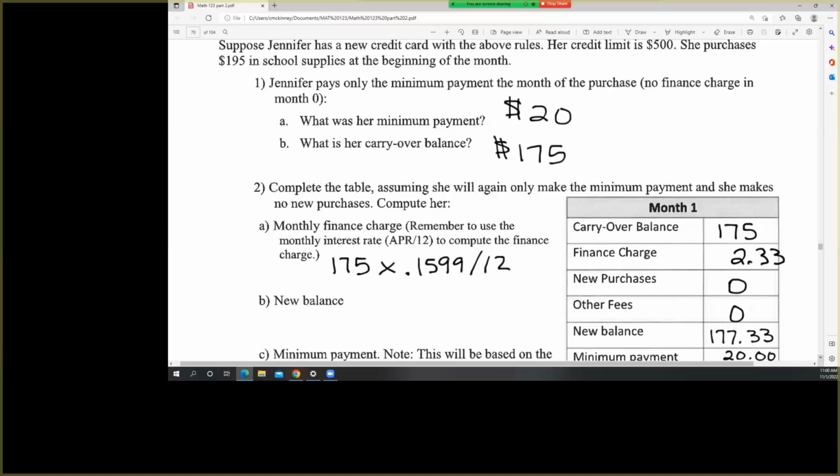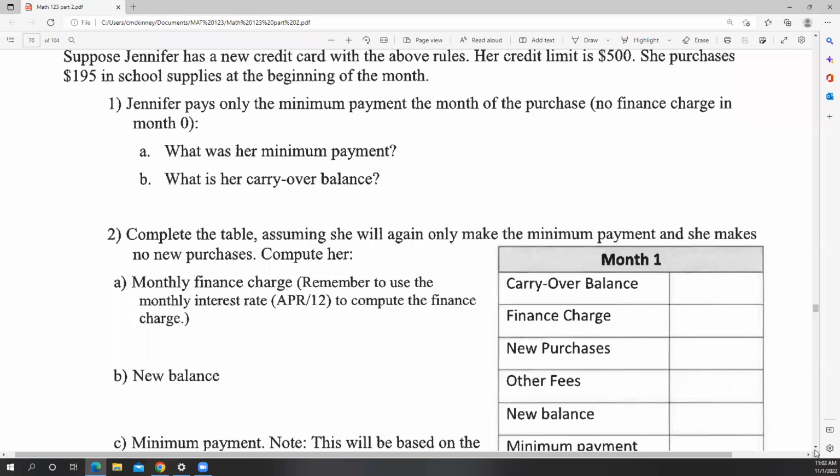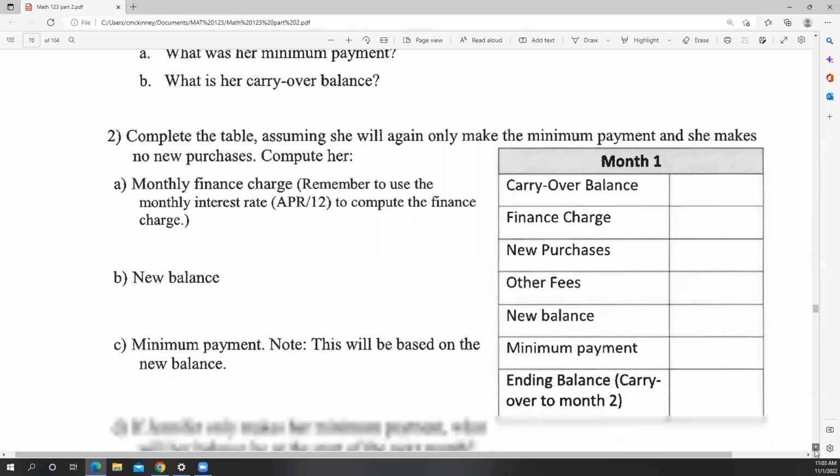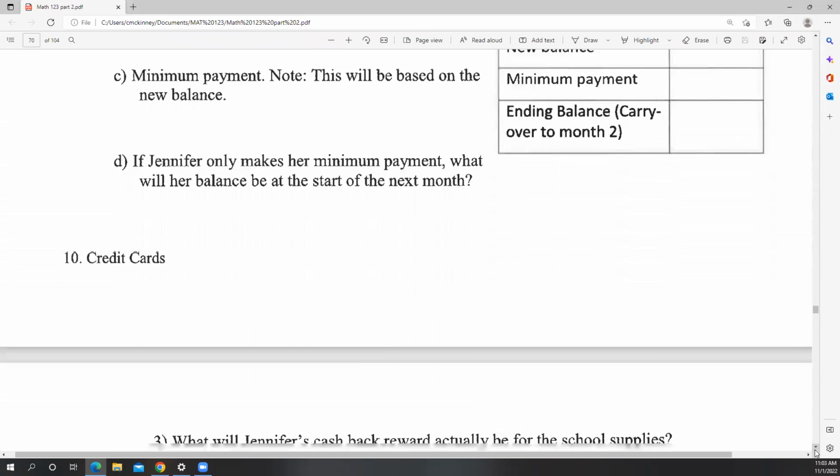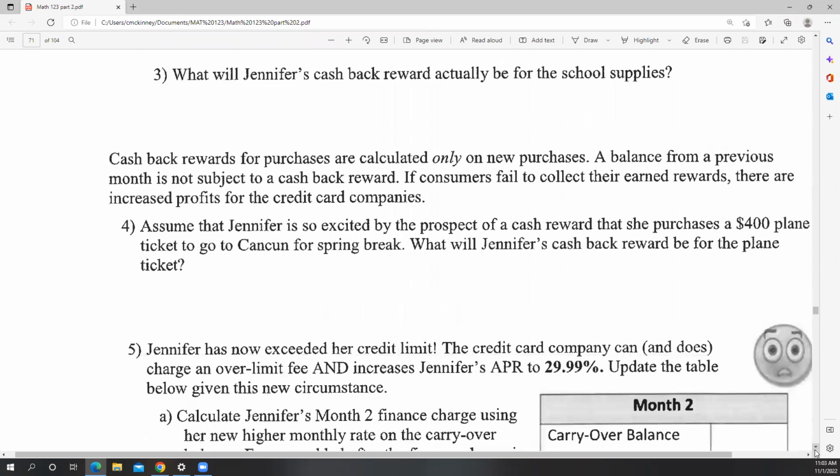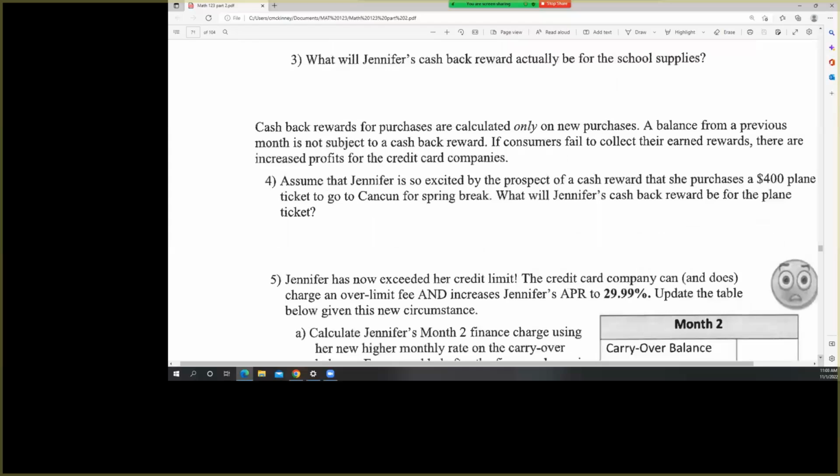So she decided to use her credit card because she just got it and they said they had this cash back option. And she was really excited about this cash back option. So how much is her cash reward going to be for those school supplies? Now, what does it say? After your total annual purchases exceed $3,000.